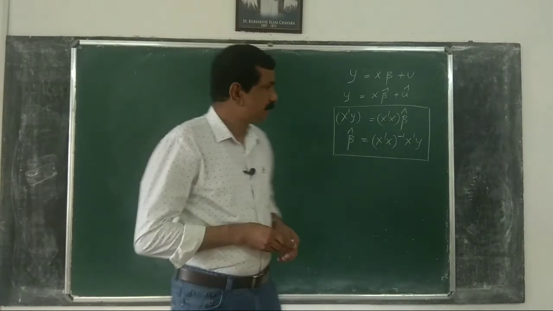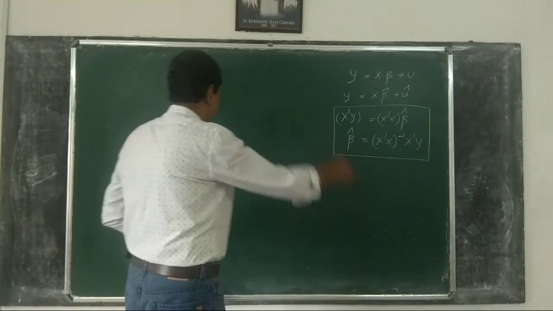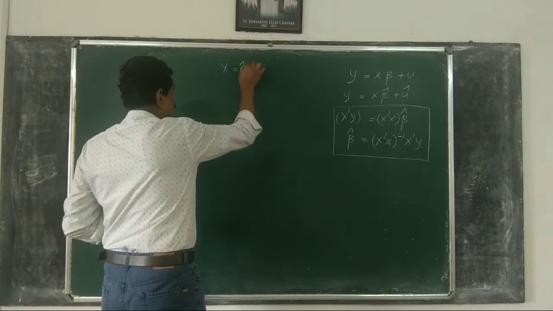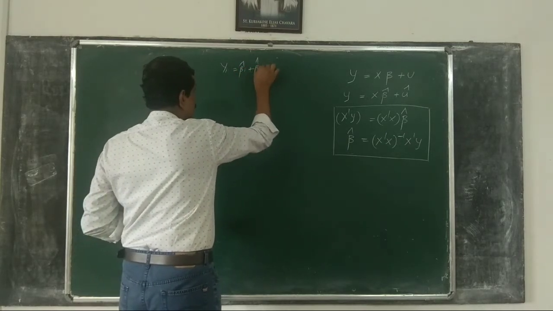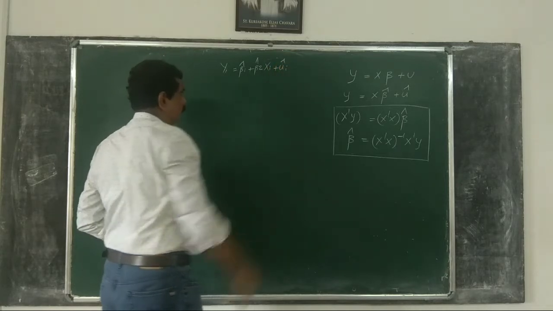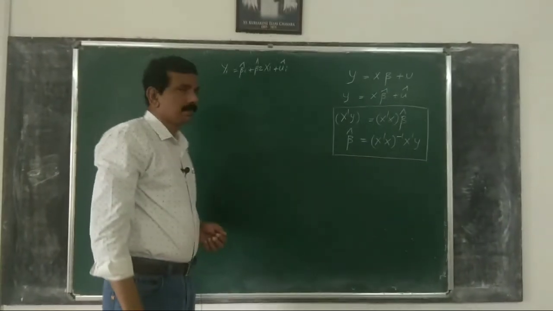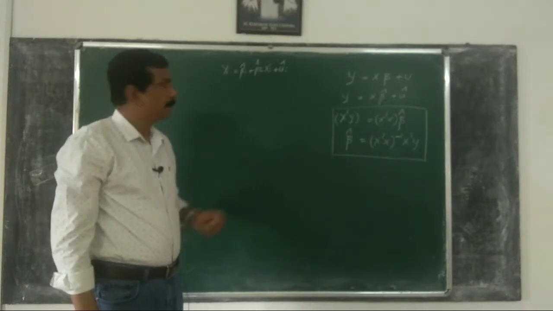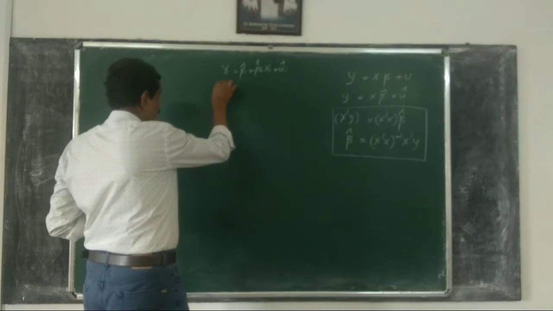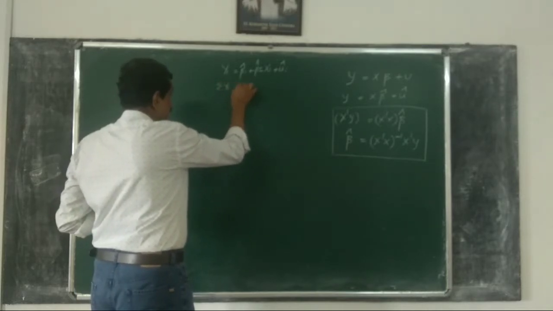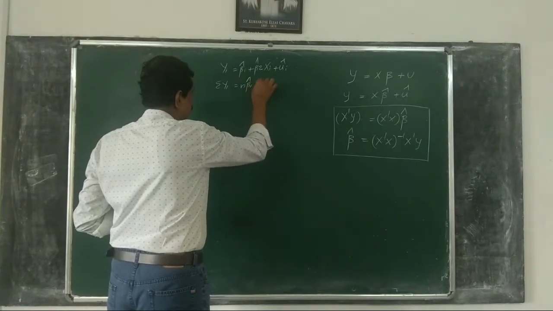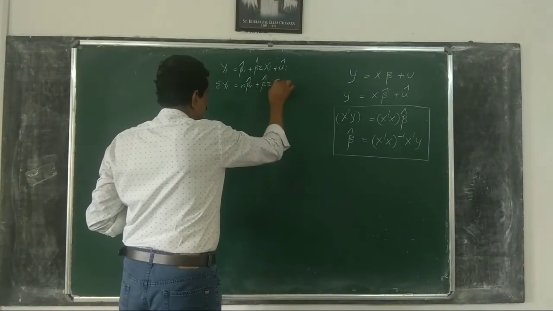Now suppose that we have a two-variable model. Yi is equal to beta 1 hat plus beta 2 hat Xi plus u hat i. The normal equations for this two-variable model are: sigma Yi is equal to n into beta 1 hat plus beta 2 hat sigma Xi.